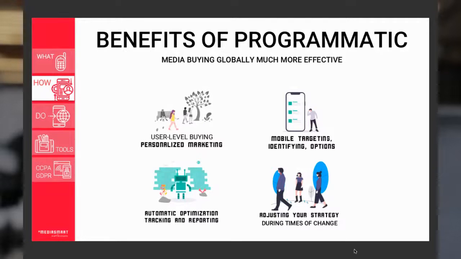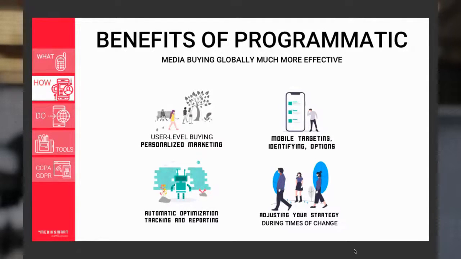You can also optimize your campaigns in real time, whereas when you do direct media buys, for example, the old way where you go to the publisher of a website or of an app and make what is called a direct media buy, you say, I'm going to get the top banner for all this month. You have to wait for them to send those reports for you to say whether the campaign is working or not. In programmatic, this works in real time and can be optimized within a few hours, sometimes minutes, depending.